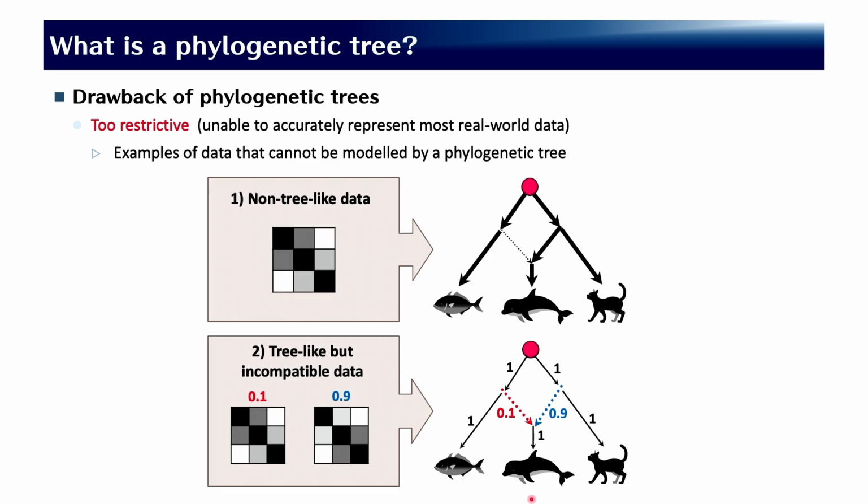So by focusing on the genetic data, we obtain this evolutionary tree with likelihood 0.9, as indicated by the blue solid line. By contrast, morphologically, dolphins are obviously closer to fish in appearance. So, as indicated by the red solid line, the morphological data suggests the other possibility whose likelihood is 0.1.